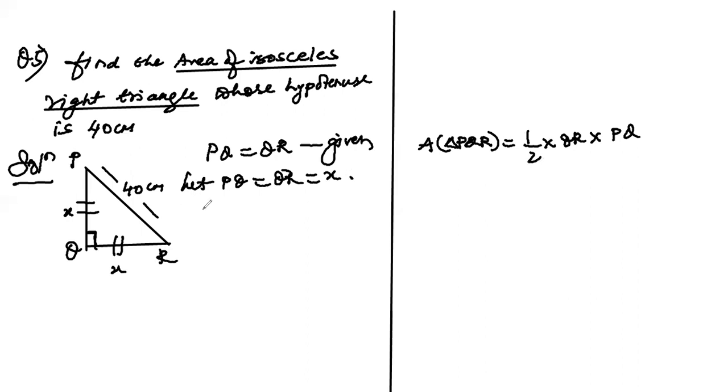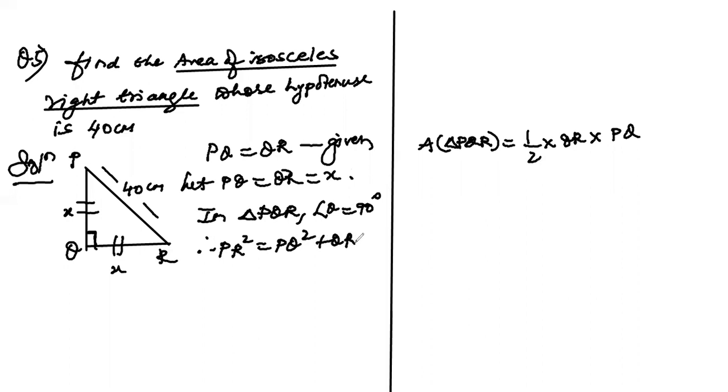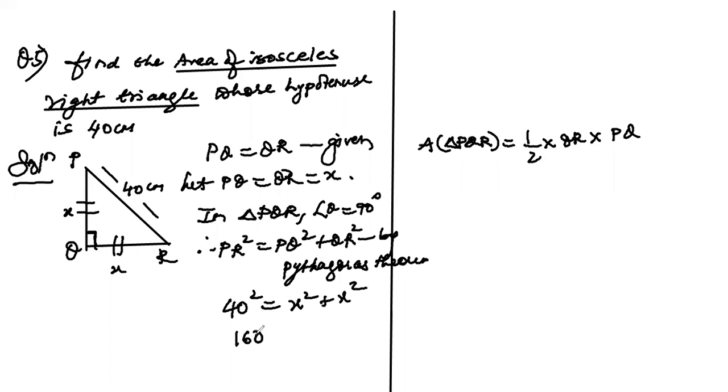Now look here. In triangle PQR, angle Q is 90 degree. Therefore, PR square equal PQ square plus QR square, by Pythagoras theorem. Now you can put the values: 40 square equal x square plus x square. So 1600 equal 2x square.